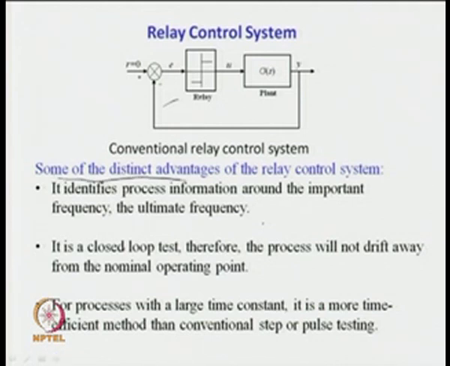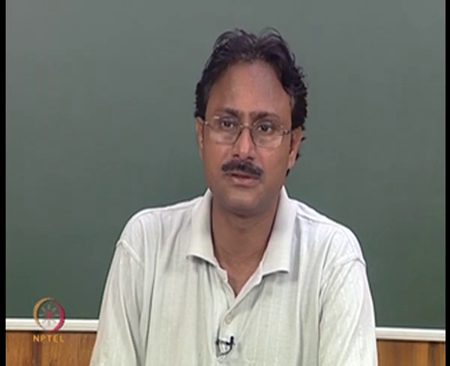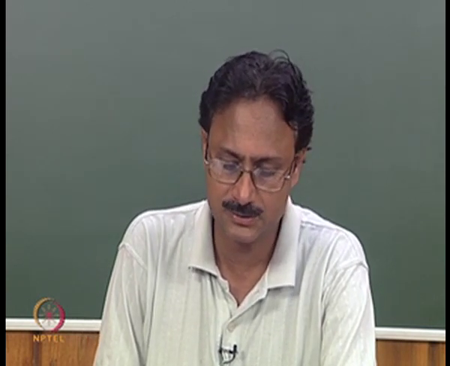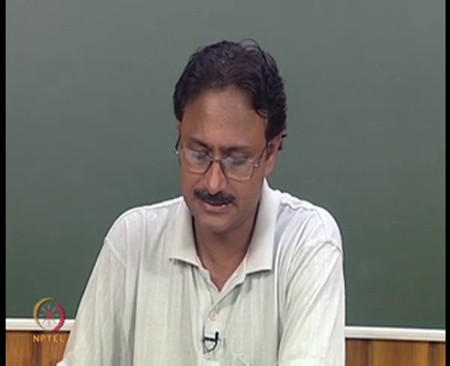Some advantages of the relay control system are: it identifies process information around the important frequency, that is known as the ultimate frequency. The frequency of the sustained oscillatory output signal is known as the ultimate frequency.